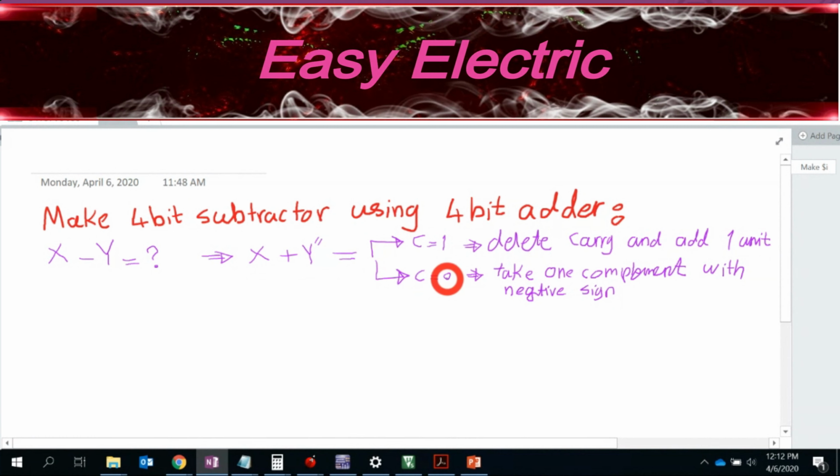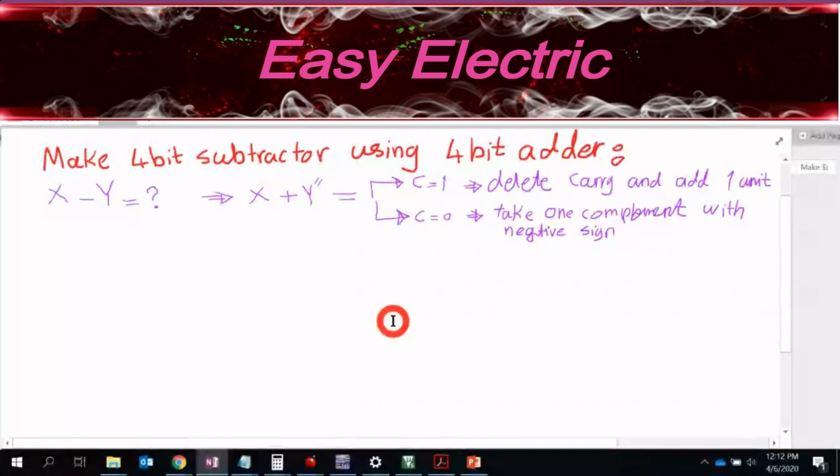If carry is 0, whatever you got, take the first complement, or 1 complement, and add the negative sign to that. Whatever you get will be x minus y. So somehow you are able to get the subtraction just using the add. We are going to use exactly the same concept.